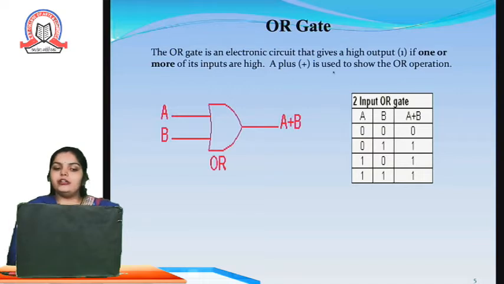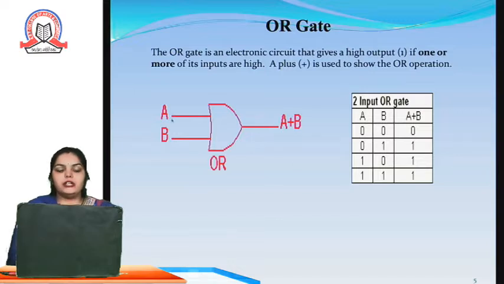It is denoted by the plus sign because it performs the addition operation. If we want to add any two inputs of a digital circuit, there we use the OR operation. In that circuit we build an OR gate.